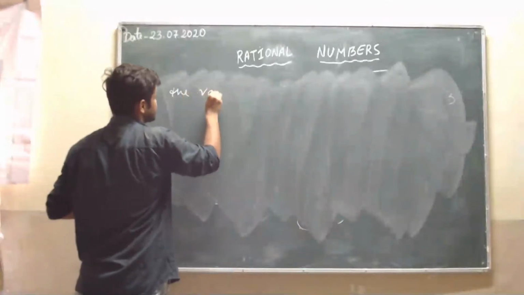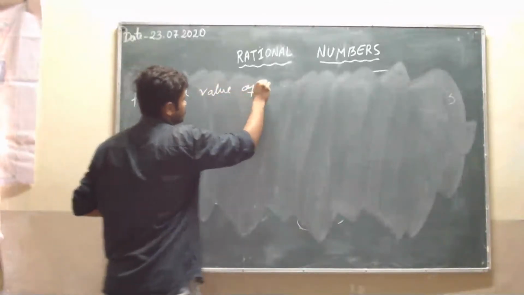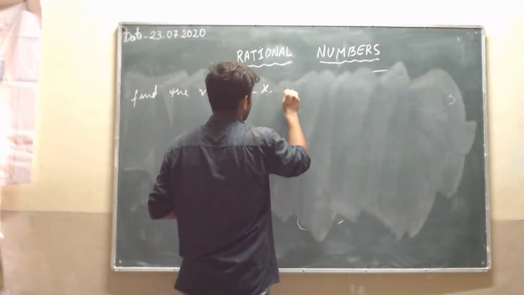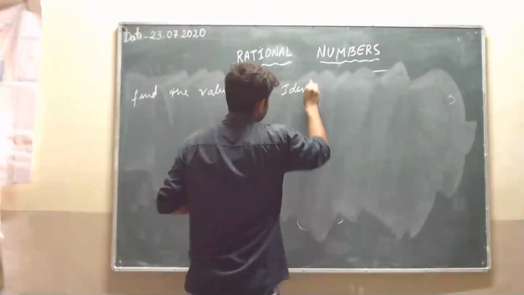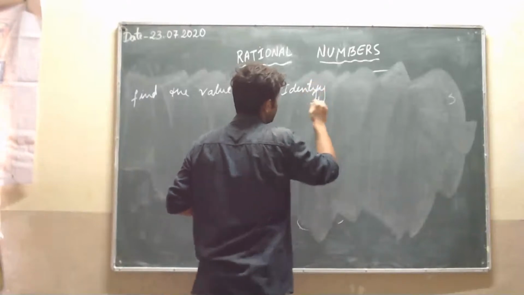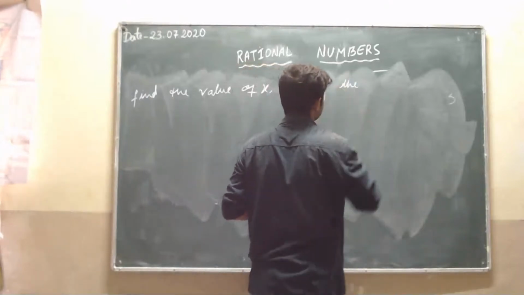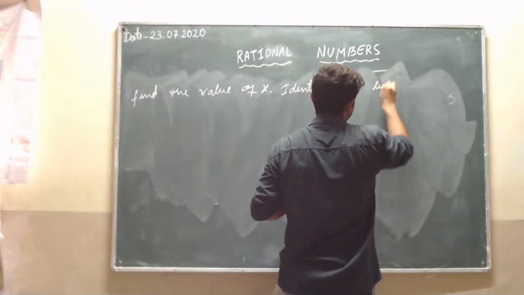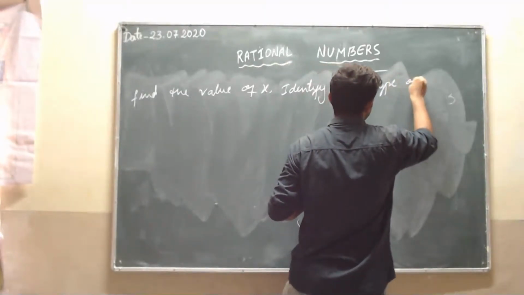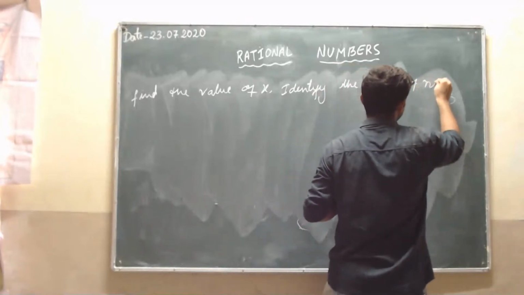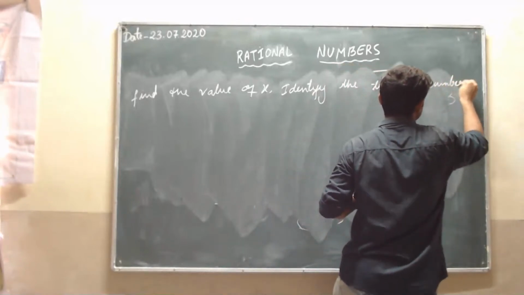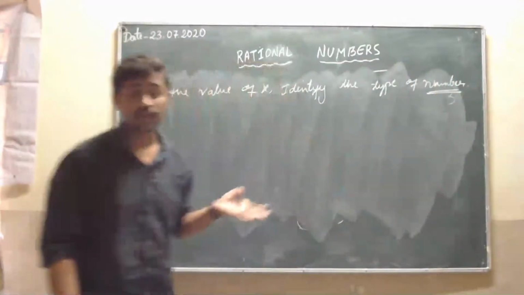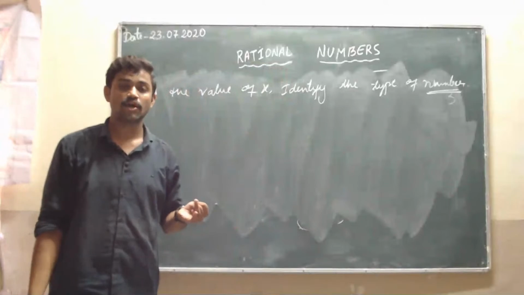Find the value of x and identify the type of number. What are the types of number? Now only we saw that: natural numbers, whole numbers, integers, or rational numbers.